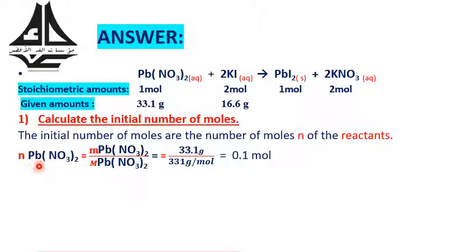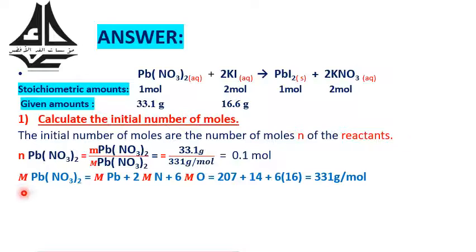Number of moles of Pb(NO3)2, the first reactant, equals the mass of Pb(NO3)2 over its molar mass. It's equal to 33.1 grams, which is given, over the molar mass, 331 gram per mole, and it's equal to 0.1 mole.